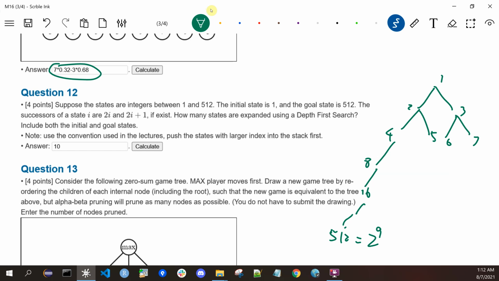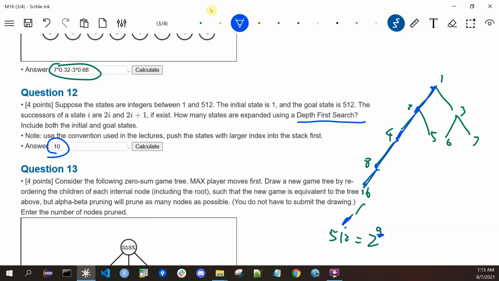Here we're doing DFS, and using the convention, I'm going to search 1, then expand 2, then expand 8 and 16, and so on. So basically, we expanded 2 to the power 0, 1, 2, 3 until 9. There are 10 of them, and we're done. So that's why the answer is 10.